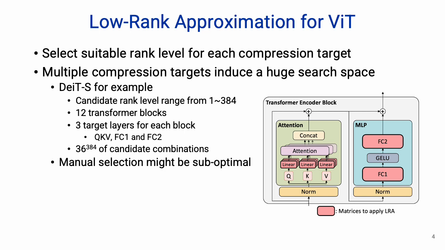Given that there are 12 transformer blocks and 3 target layers within each block, namely QKV, FC1, and FC2, the total potential combination is quite large. This immense search space made it clear that manual selection could be suboptimal, highlighting the need for an intelligent, automated approach to identify the most suitable configuration for applying low-rank approximation.